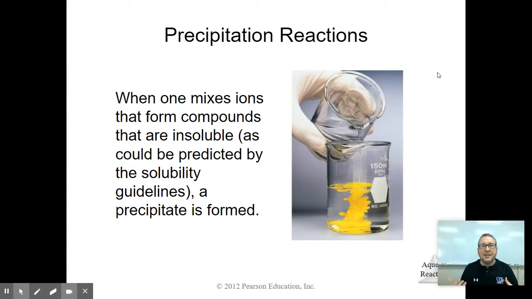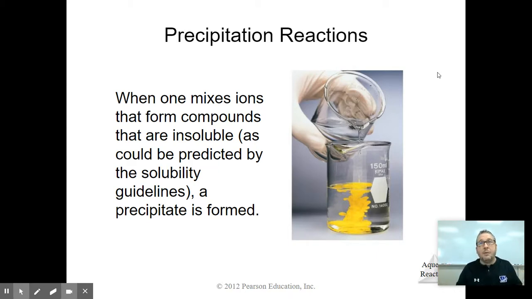Really, a precipitate is when we have a reaction occur and a shuffling around of components to form new products. Sometimes we get a product that is not soluble. We talked about in section 1 that some substances are going to be soluble, meaning they can dissolve or dissociate in water.